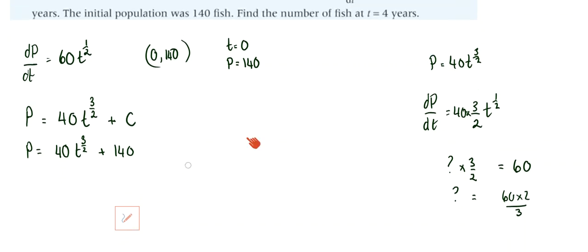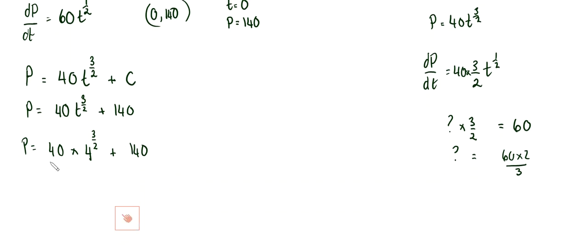So I want to know what's the population when t is 4? So P equals 40 times 4 to the power of 3 over 2 plus 140. What do we get? Well, if you have a calculator, you're good. If you didn't have a calculator, it would be 4 to the power of half cubed, using your laws of power.